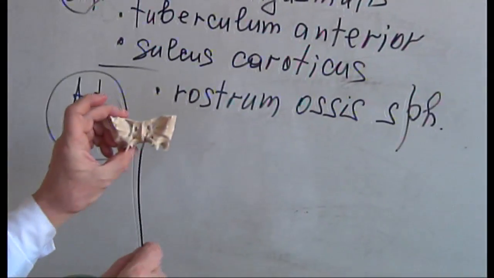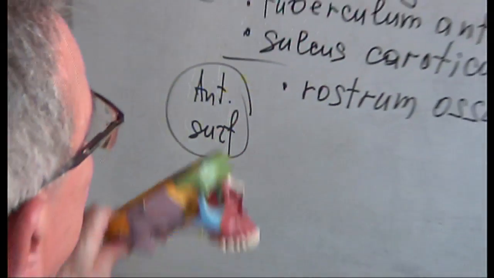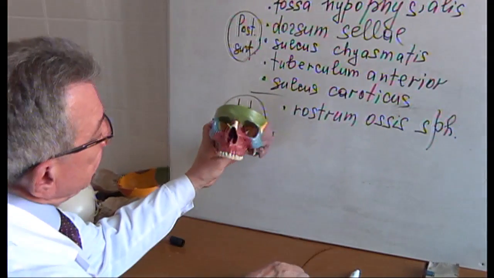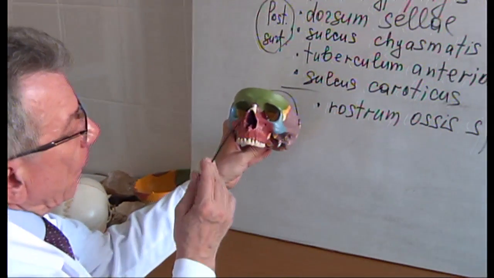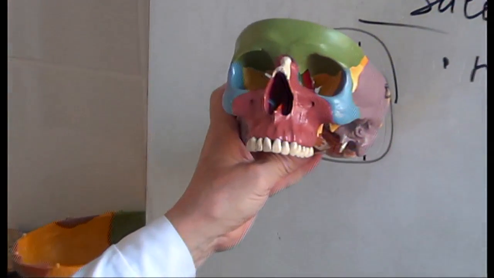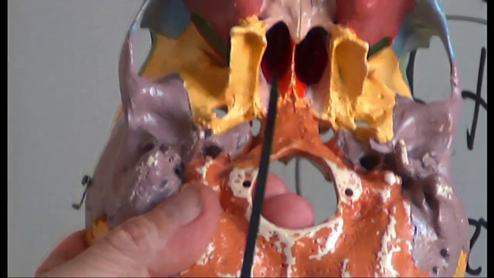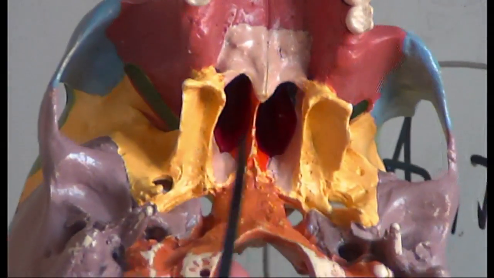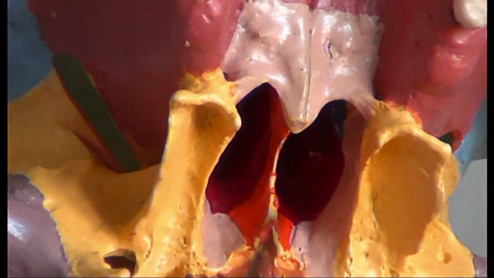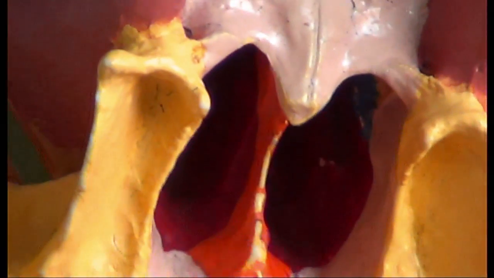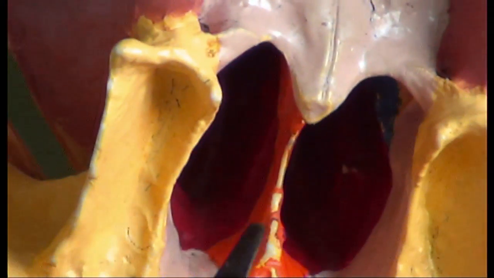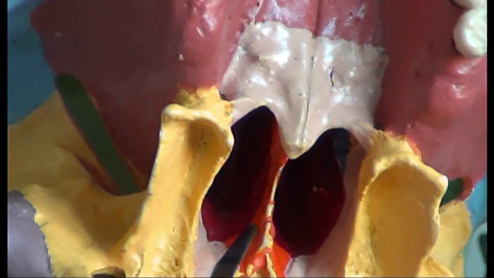Here it is. May I ask you, can we find it from the anterior view of the whole skull? No. Because to the rostrum sphenoidalis this structure connects. What is it?